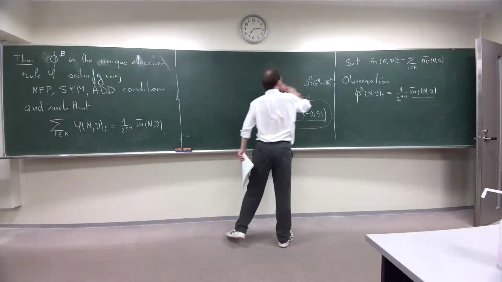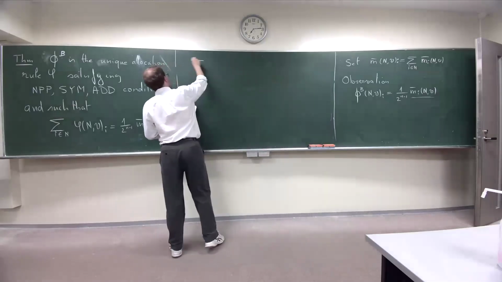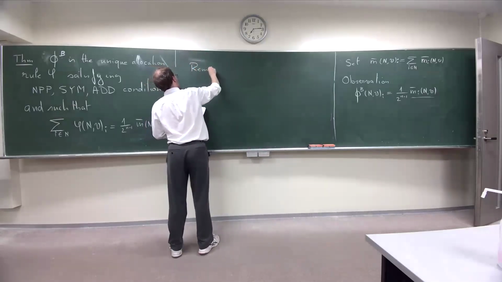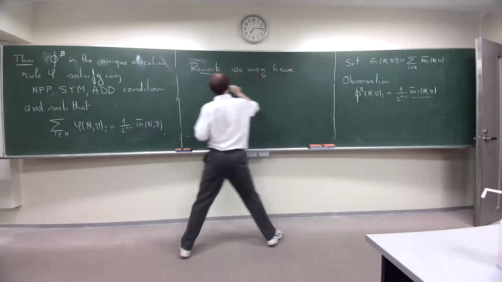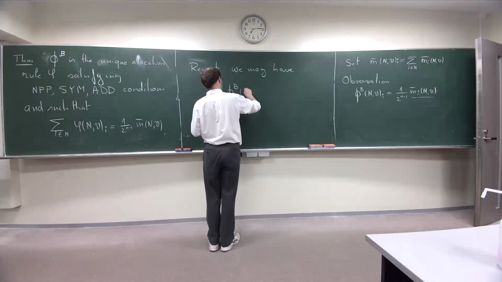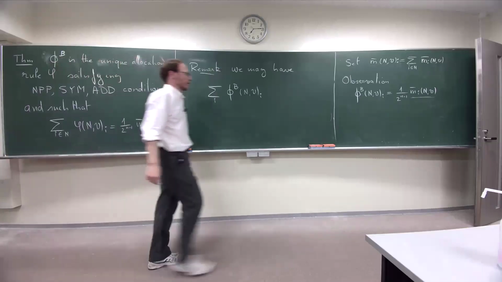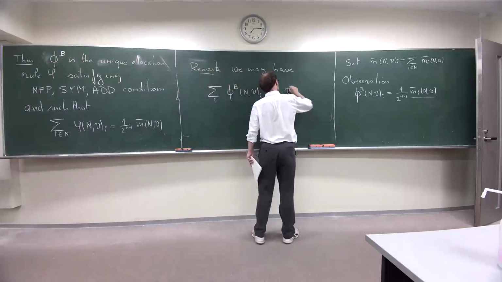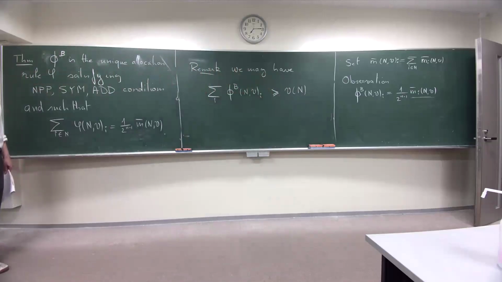A weak point is that, let me write it, remark: we may have that the sum over i of these values NV index i, so if we sum what all players get with this rule, it's sometimes bigger than the worth of the grand coalition, which is a bit weird if you think that the worth of the grand coalition is the maximum amount of utility.